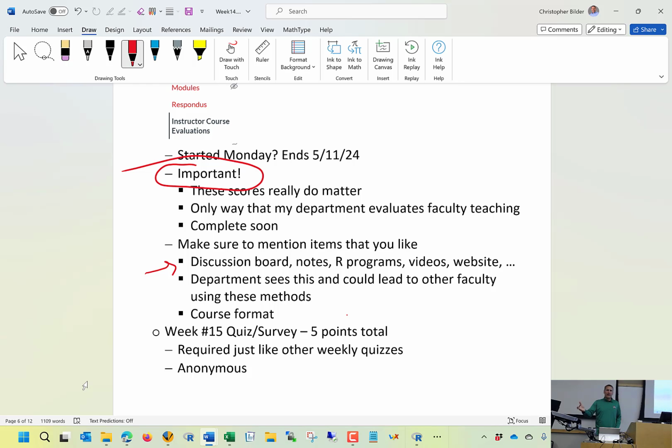Because if you like this, other people will still read these evaluations. They might think, okay, maybe we need to encourage faculty to include videos in their own teaching. And especially if you like this course format, make sure you say that.